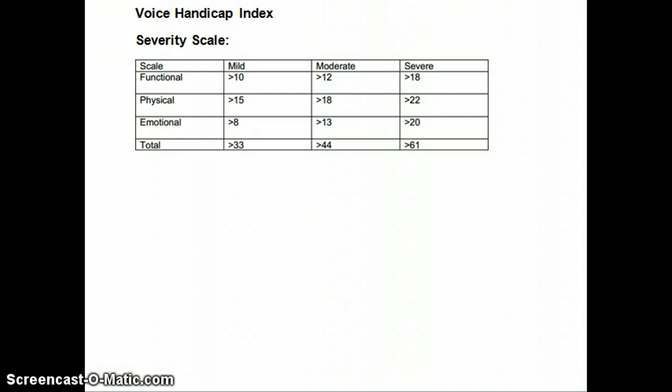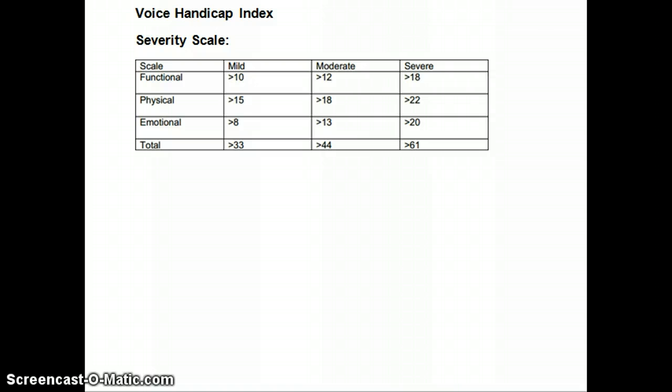And here I just wanted to show you guys what is considered mild, moderate, and severe for each level. As you can see, more than 10 is mild for functional, more than 12 is moderate, more than 18 is severe.